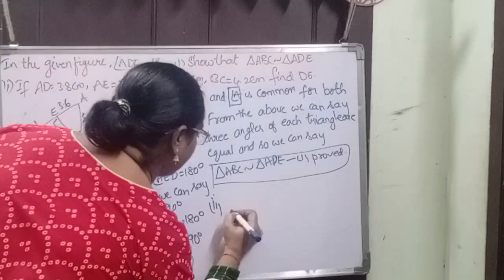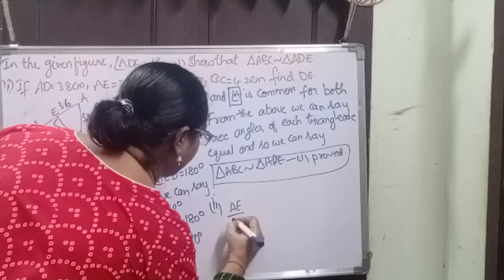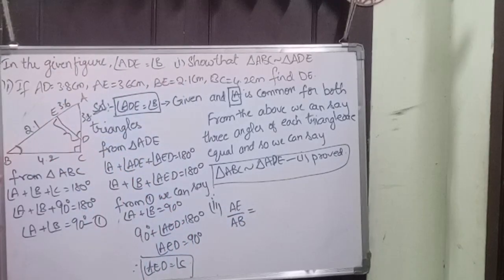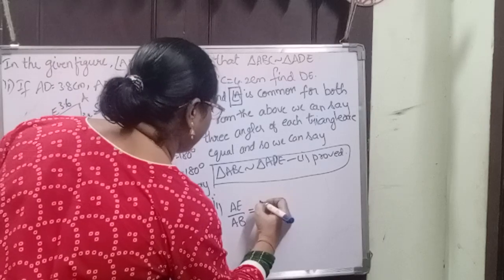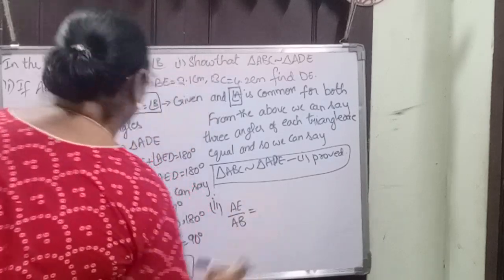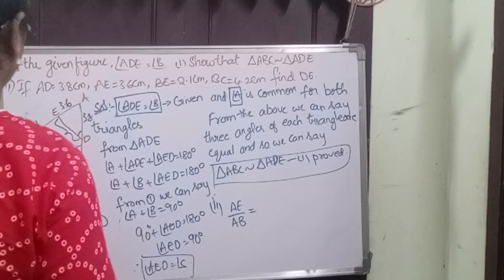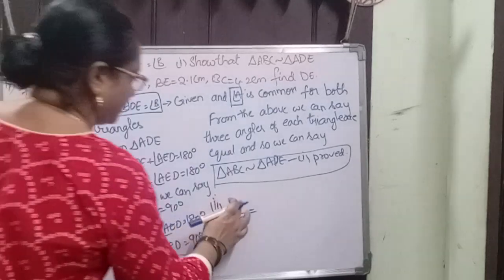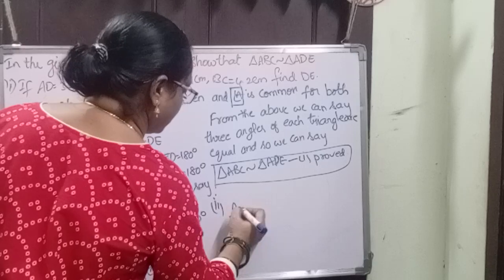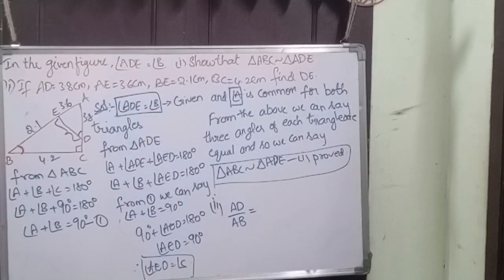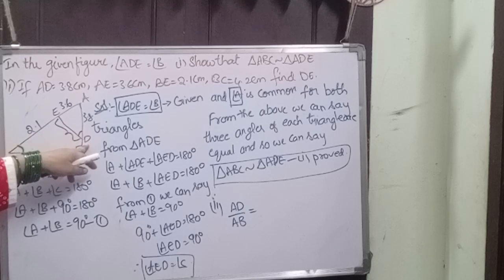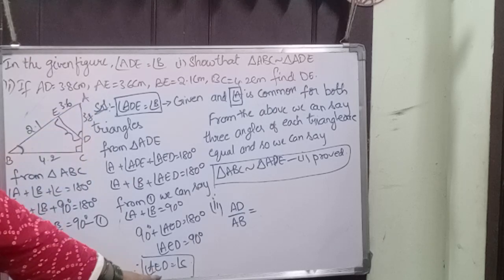AE by AB equal to AD by AB. How can you say AD by AB? Because angle AED is equal to angle ACB, right?